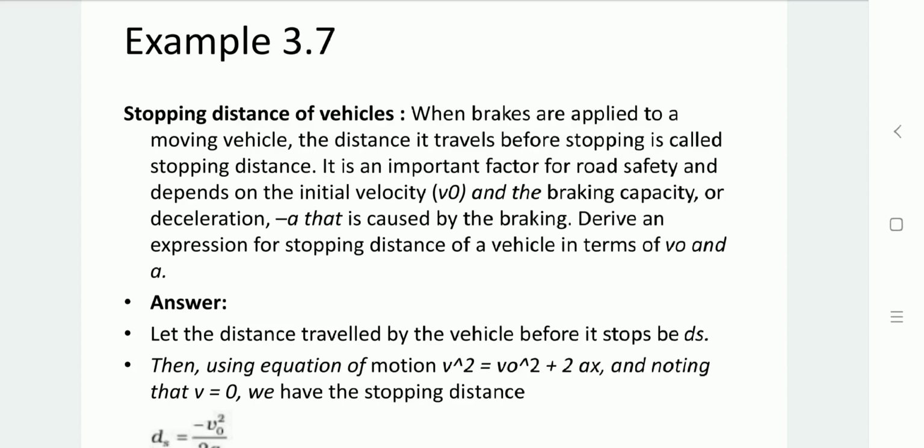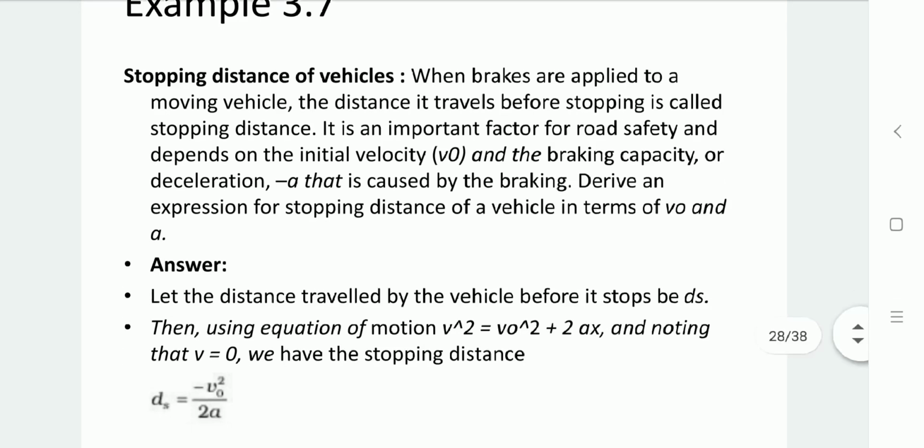Initial velocity v0 is available as a certain speed value. So here let us replace x with ds, the stopping distance ds. So replace v with 0 and x with ds and make ds the subject of the formula. It would be 0 equal to v0 square plus 2a ds. So ds equal to minus v0 square upon 2a.